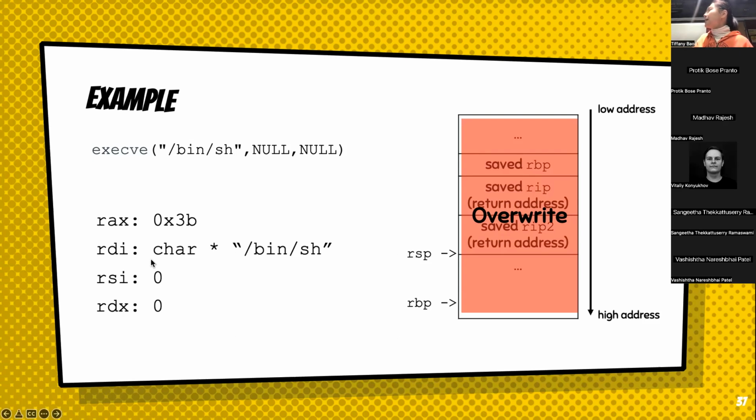And then the next is the arguments. According to the calling convention of x86-64, RDI has to point to the string, and then RSI and RDX have to be equal to 0. Good question: is 3b for all OS or Linux only?